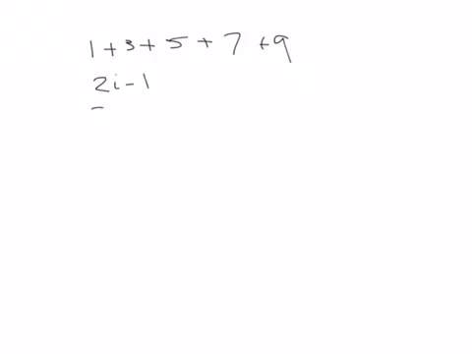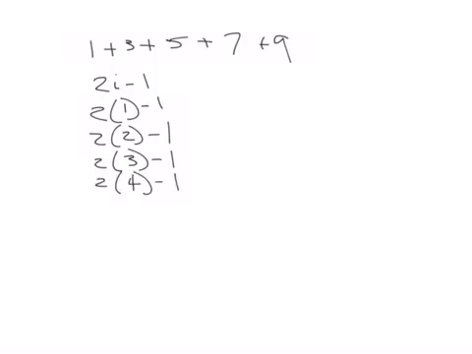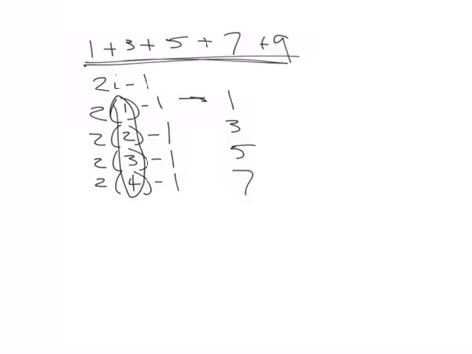If I put in a 1, and a 2, and a 3, and a 4, I'm going to get these numbers. 2 minus 1 is 1, 4 minus 1 is 3, 6 minus 1 is 5, 8 minus 1 is 7. So it worked here.